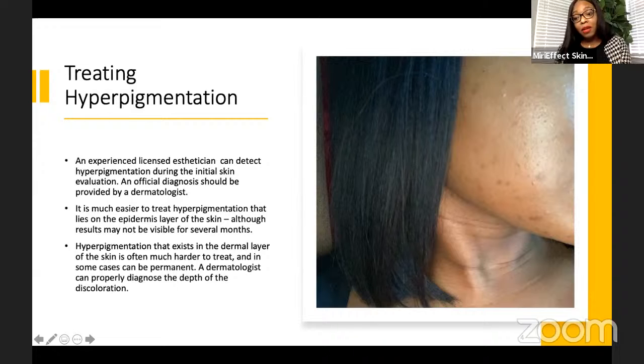I know some people don't like to hear that. And so that's why it's important to go to a dermatologist and get diagnosed properly. And then you can actually work with an esthetician once you've received your diagnosis to continue treating your skin in the proper manner. So just be mindful of that, and be careful on who you go to and where you go to get your treatment and your diagnosis.